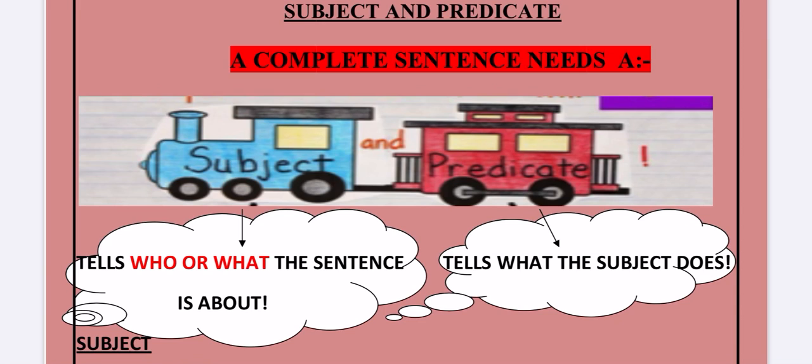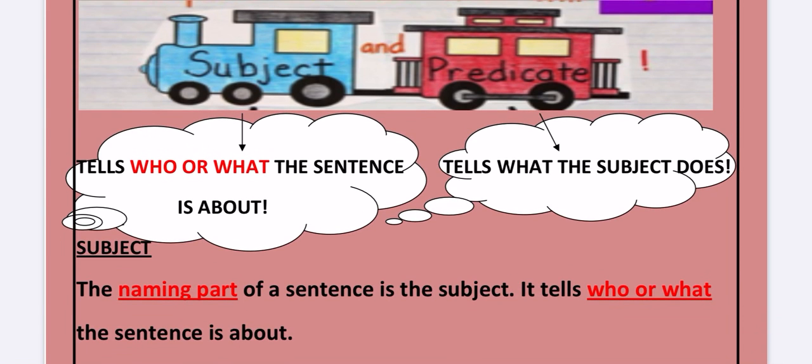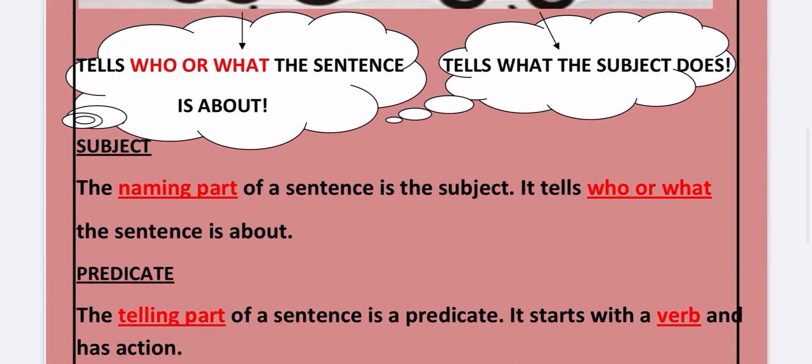Students, one hint to identify predicate is that predicate always contains a verb. Okay, and it is the telling part. It tells more about the subject. And subject, it tells who or what the sentence is about. So the naming part of a sentence is the subject.